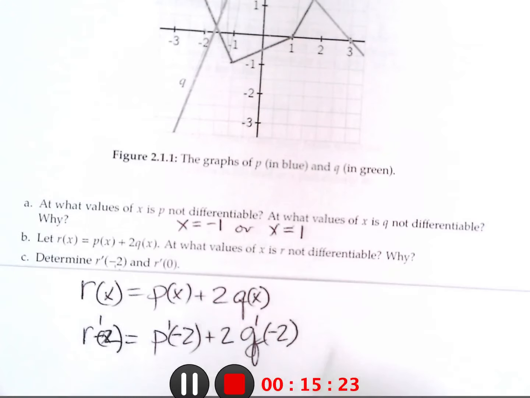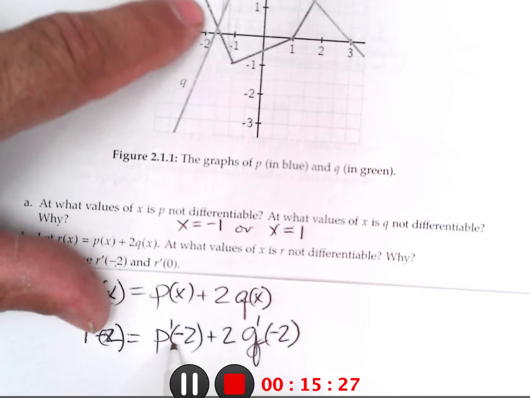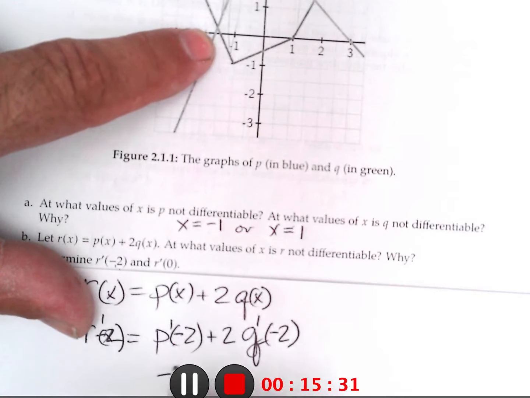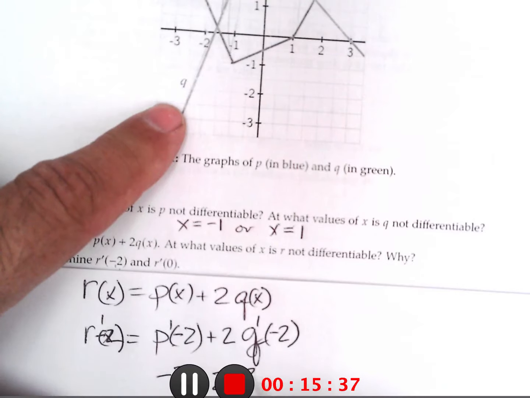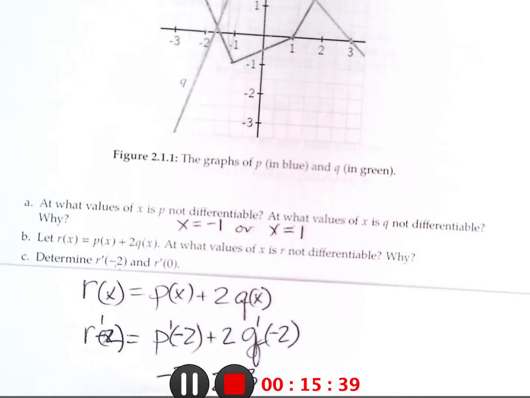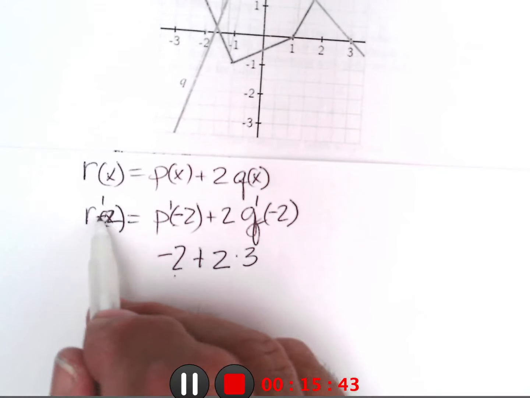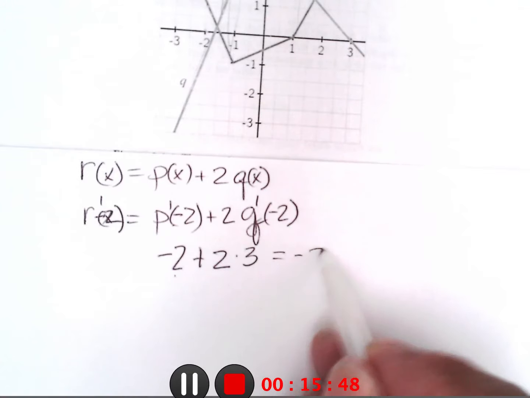And p prime is just the slope of this, and that one is negative 2, and q prime, the slope of that, is plus 3. And so we get r prime at negative 2 to be negative 2 plus 6, which is 4.